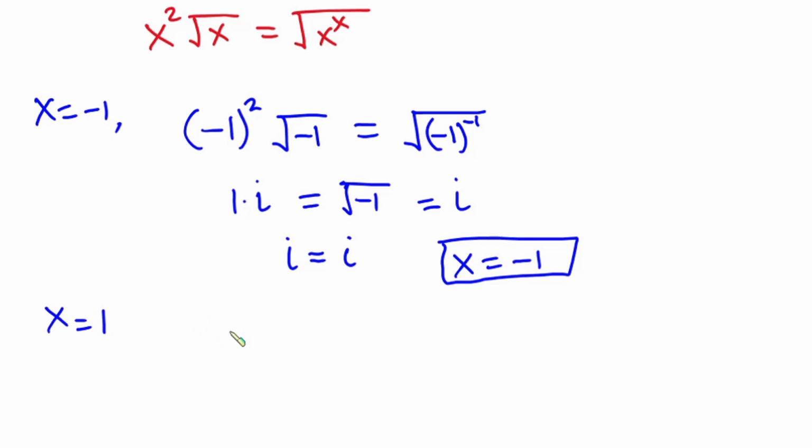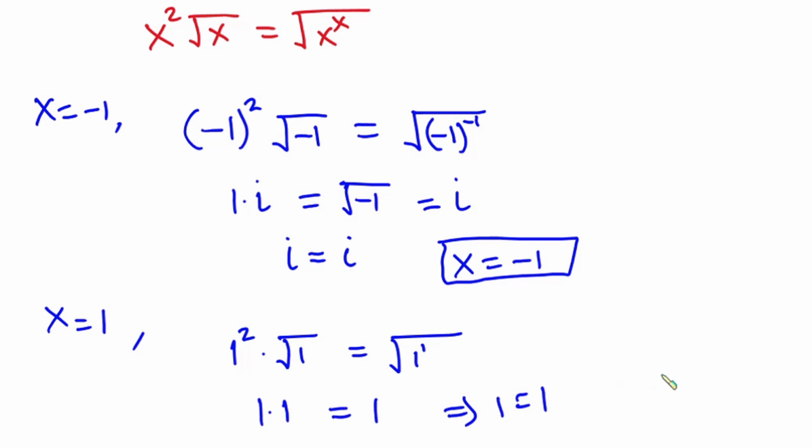Alright, so if x is equal to 1, then from here we have 1 to the power 2 times square root of 1, and this should be equal to square root of 1 to the power 1. 1 to the power 2 is 1 times square root of 1 is also 1, and this is equal to 1 to the power 1 is 1, then square root of 1 is also 1. So at this point, we can say that 1 is equal to 1, and this implies that x equals 1 is also a valid solution to the problem.